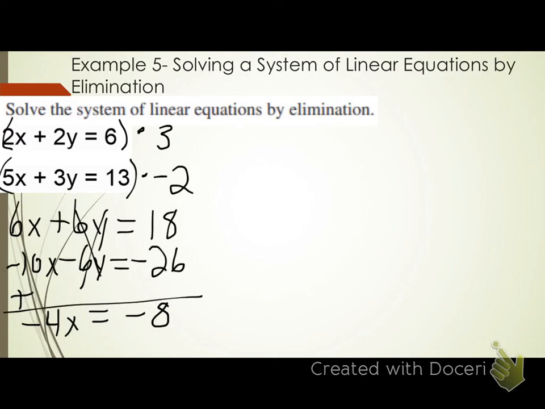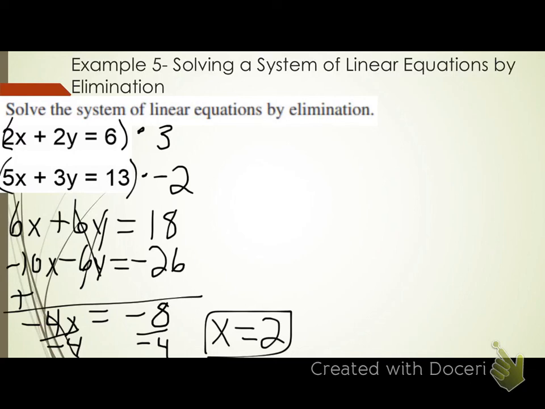How do I get x by itself? Divide by negative 4. X equals positive 2. Questions on how I got that?